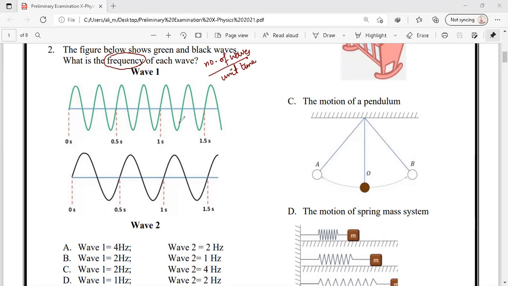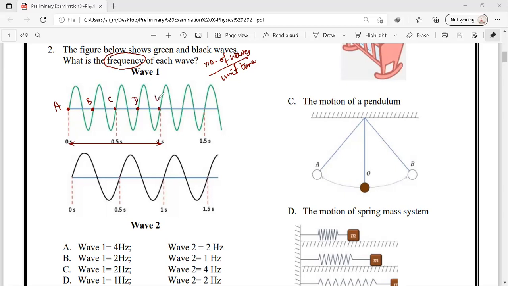So let's see in wave number 1 how many waves are produced in 1 second. So this is 0 second and this is 1 second, and between 0 and 1 second let's count the number of waves. The wave starts from point A and ends at this point B. The next wave ends at this point C. Then we have another wave, and this is the wave ending in 1 second.